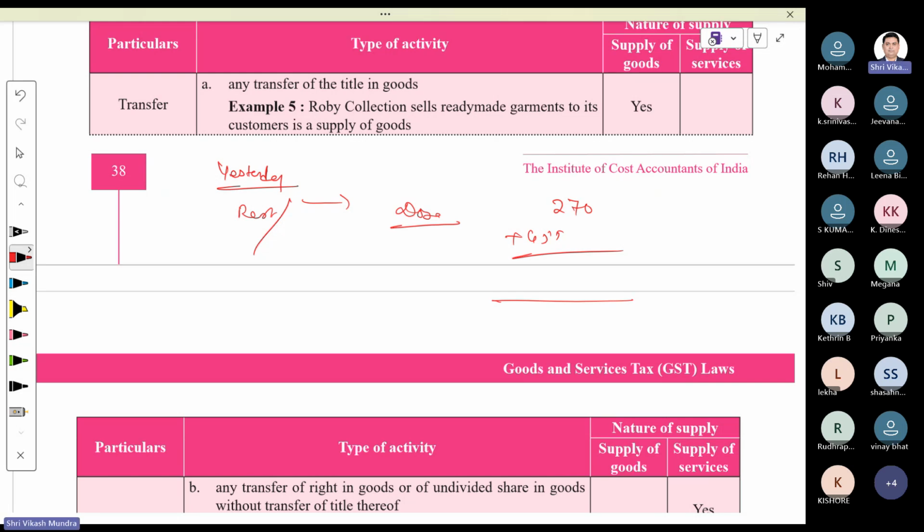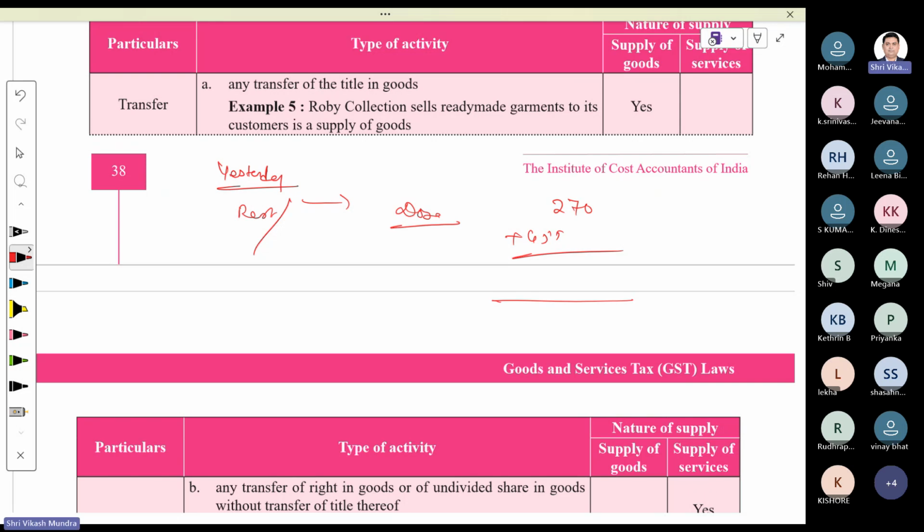Sir, what is the use of that? What will change if we consider it goods or services? The tax is only GST. Since a single tax is applicable to everything, this distinction whether it is a supply of goods or a supply of services is not required at all.